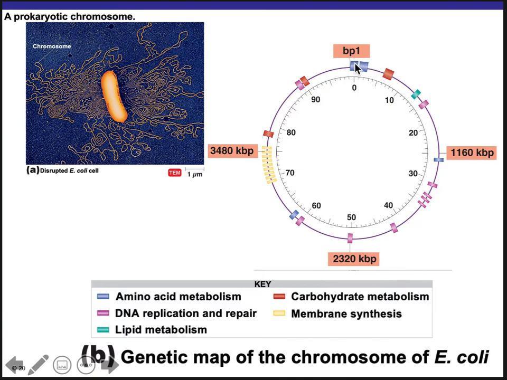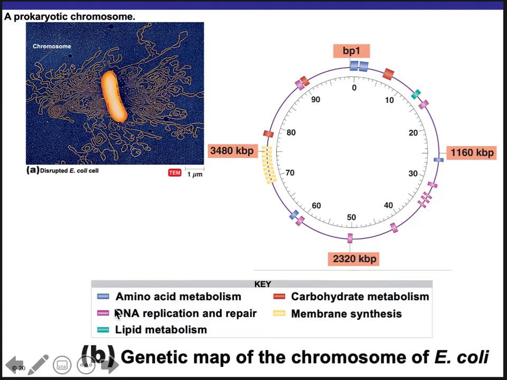Starting at the beginning, which would be the origin of replication, the OriC, we start at base pair 1 and move all the way around, and here we're keeping track of base pairs by the thousands, so we have kilo base pairs going around.